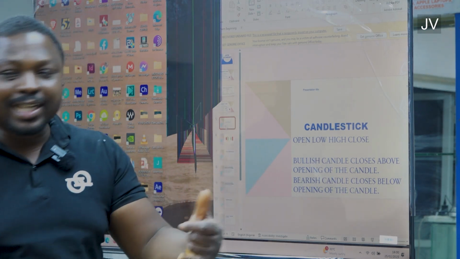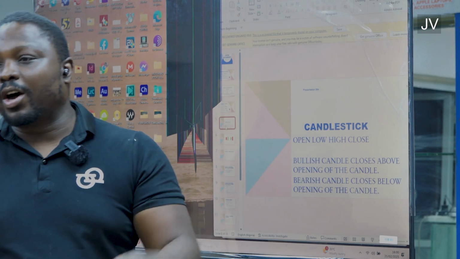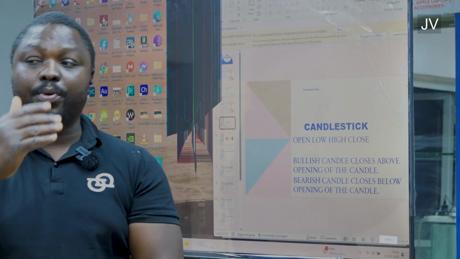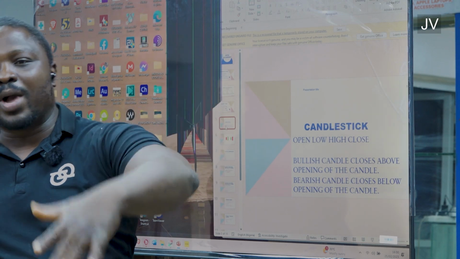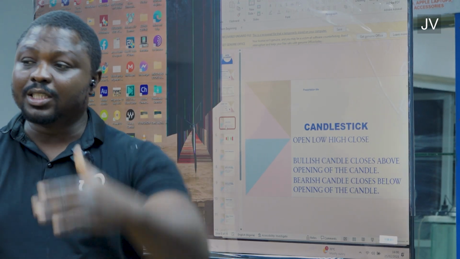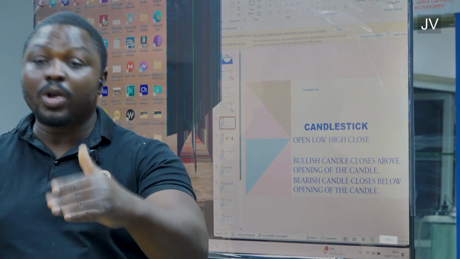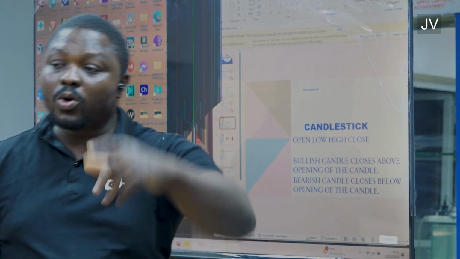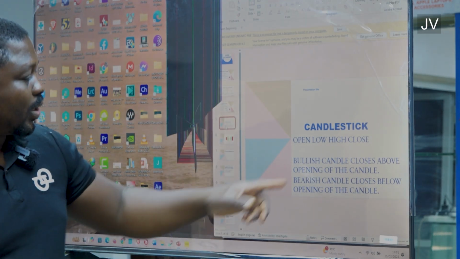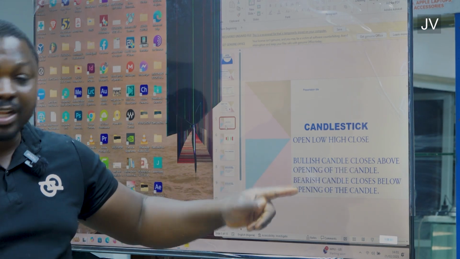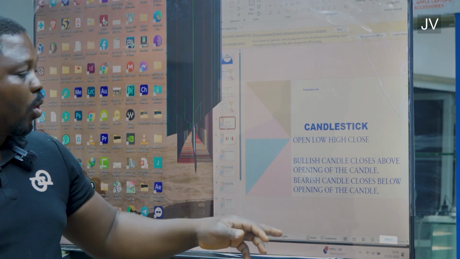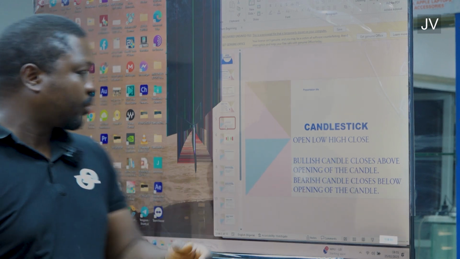A candle is green because the price in that time frame goes up. It shows red because the closing of that candle is below the opening price. So a bullish candle closes above its opening, while a bearish candle closes below its opening.